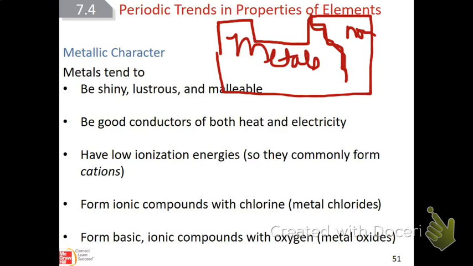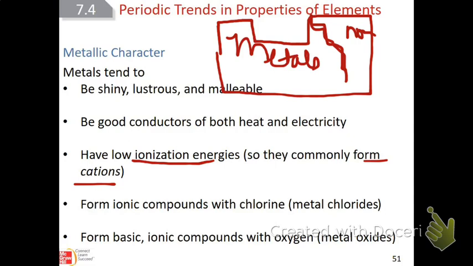If they could just lose that electron, they could become like a noble gas. And so how easy is it going to be to lose that electron, and how little energy would you have to give that element to have to give that electron up? So they have very low ionization energy, and that means they're going to become cations, positively charged ions.